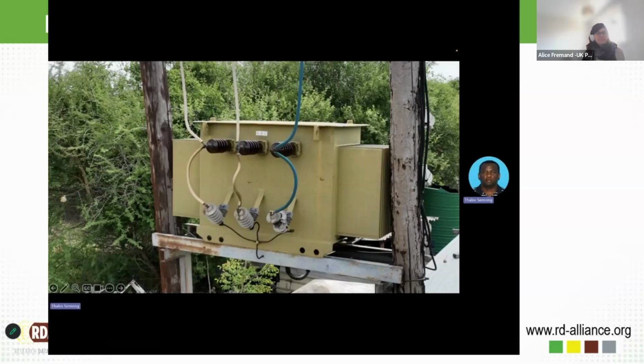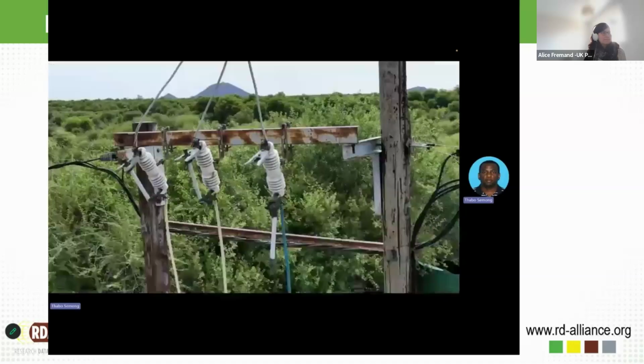When they move around and inspect using just their eyes, this thing is up on top of their heads, so it's not easy to see this kind of fault. The drone was very helpful in identifying the faults because it flies on top of the power line and it becomes easy to zoom in and identify these faults.